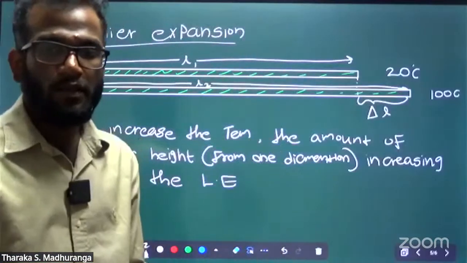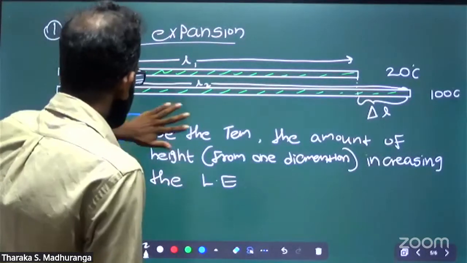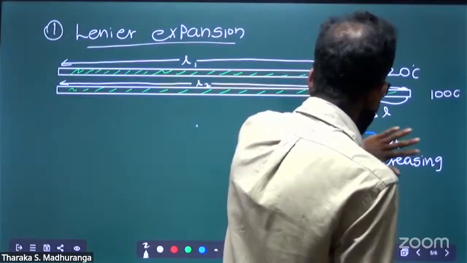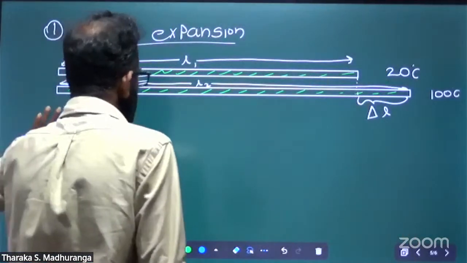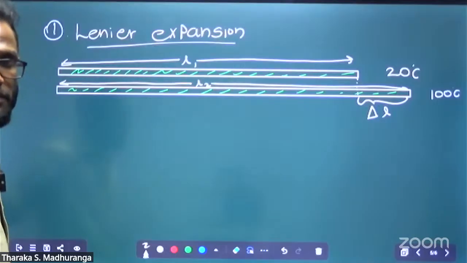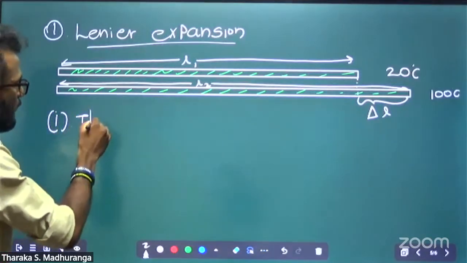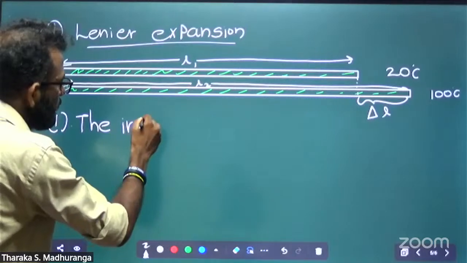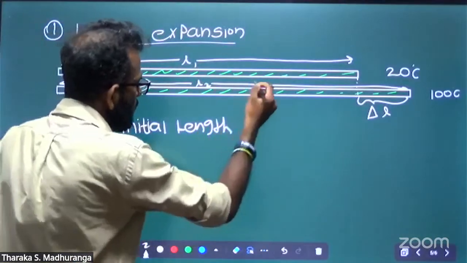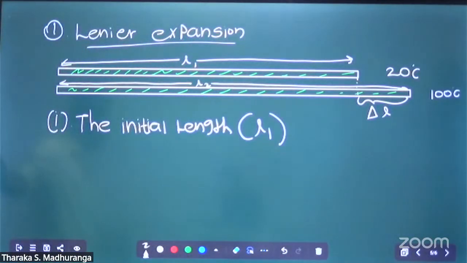Second point: there are three main factors that affect linear expansion. Write down the first one, the initial length of the rod, within bracket L1.